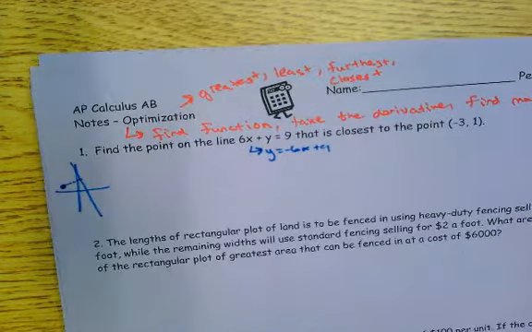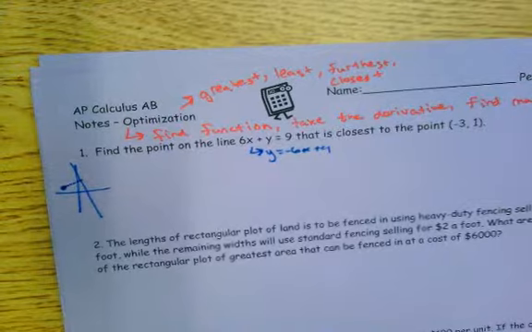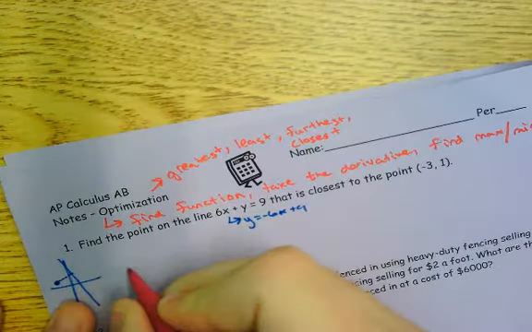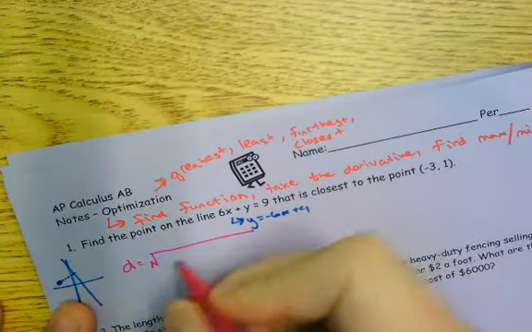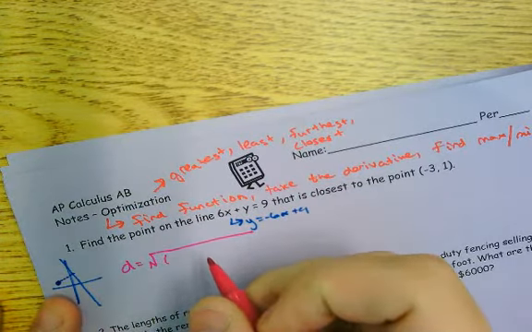So this is the hard part right here. What's the formula we use to find the distance between 2 points? The distance formula. What is the distance formula?